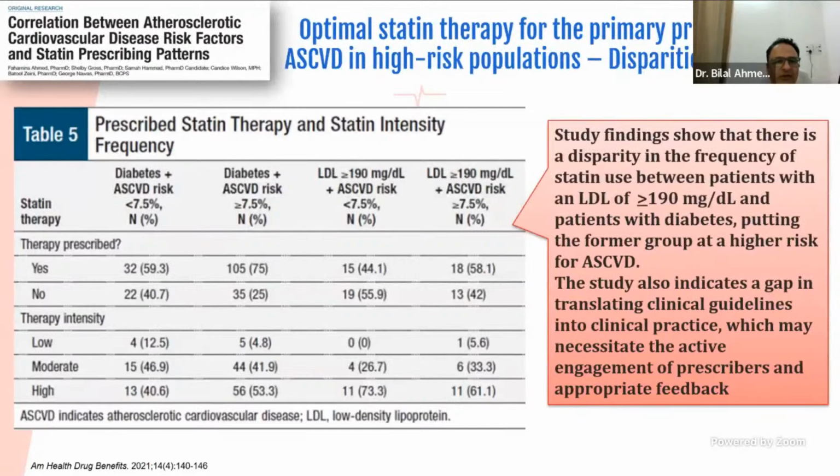So, the correlation between atherosclerotic cardiovascular disease, risk factors and statin prescription: we have seen that atherosclerotic cardiovascular disease in diabetics or people who are dyslipidemic, where LDLC levels are very high, or patients who are smokers, have a very high risk for cardiovascular diseases.